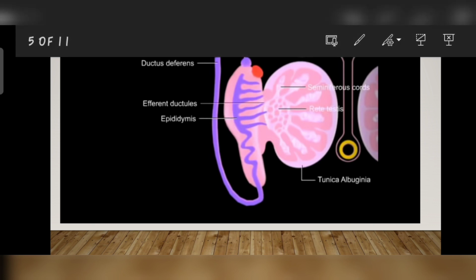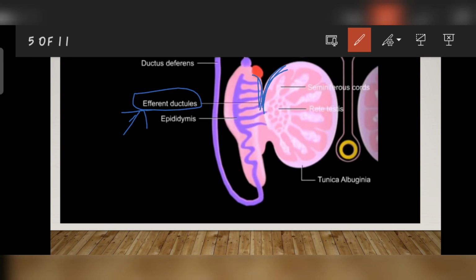So you can see here, they form the efferent ductule of the testis. Now as I already told, this efferent ductule is a structure where the head of the epididymis is connected to the upper pole of the testis with the help of efferent ductules.